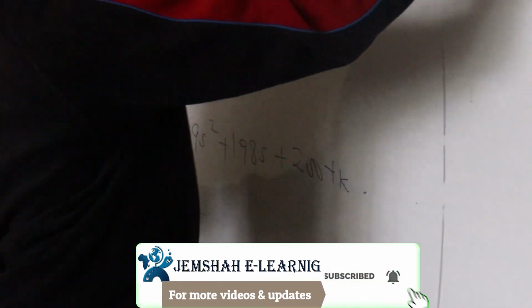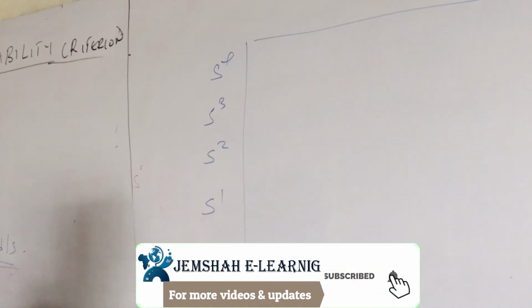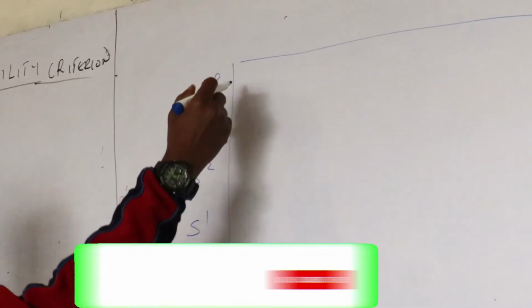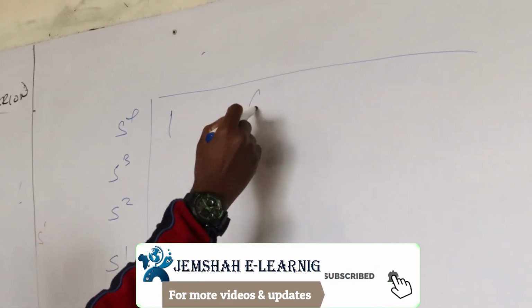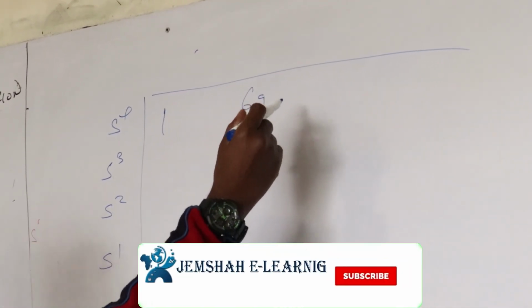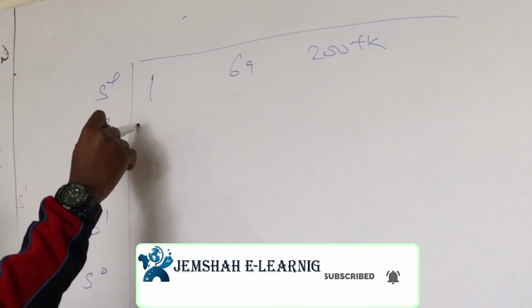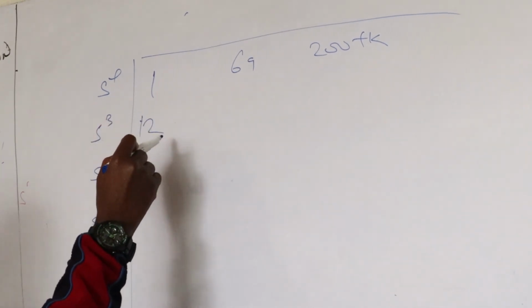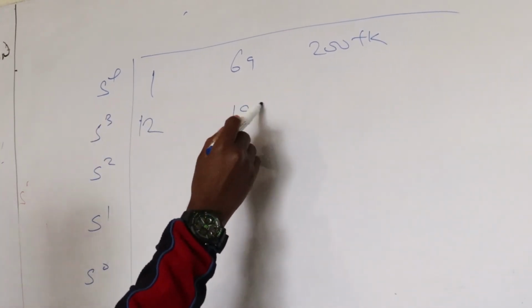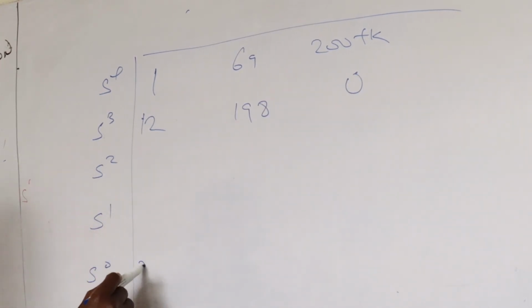S raised to power 4, S raised to power 3, S raised to power 2, S raised to power 1, and S raised to power 0. Then 69, 200 plus K. Then here 12, 198, 0.